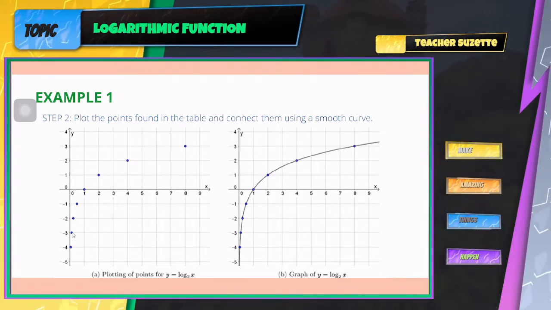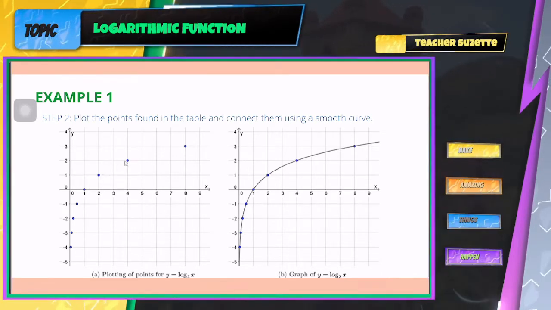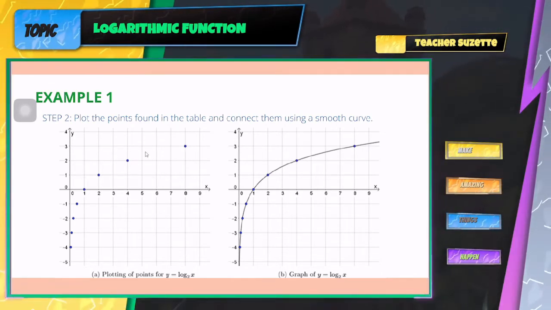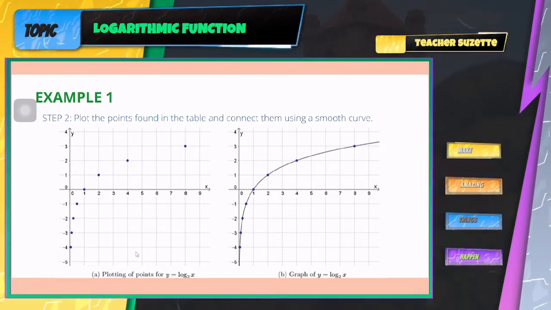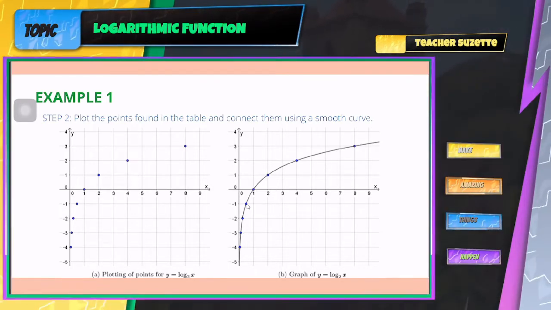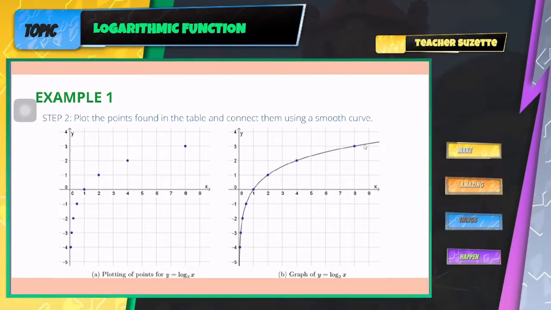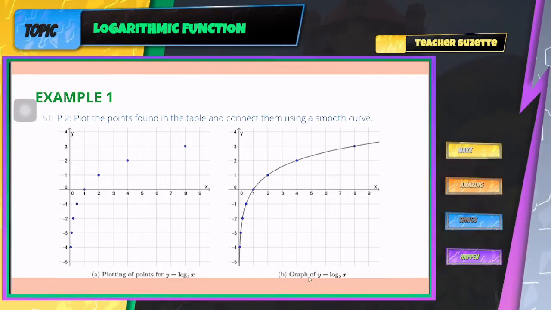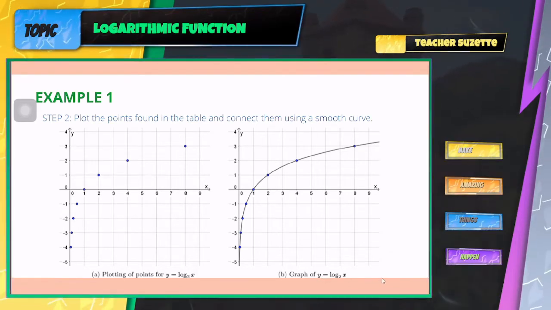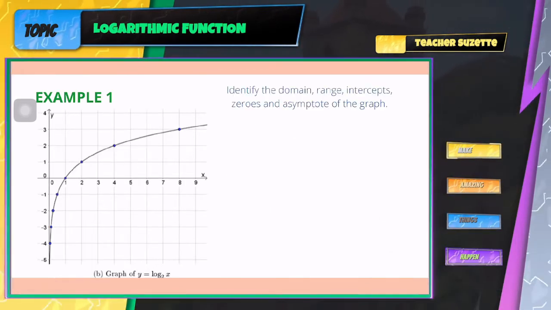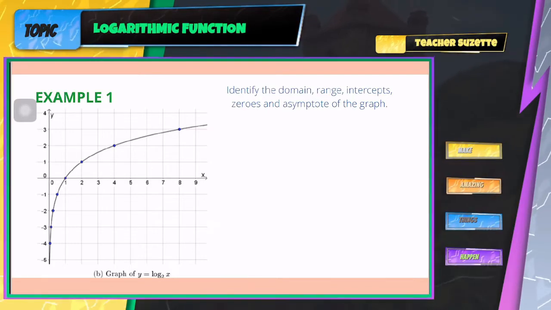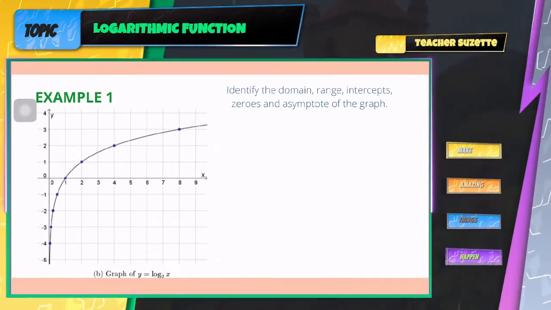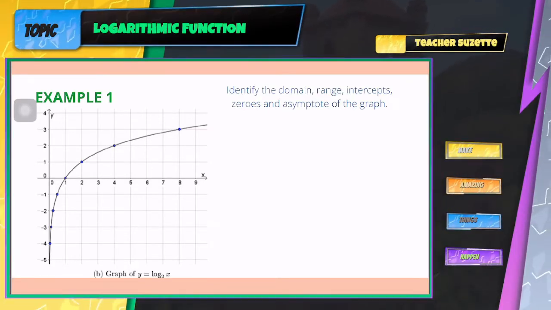Now, let's find the domain, range, intercepts, zeros, and asymptote of this graph.